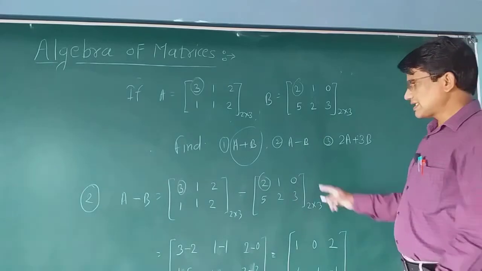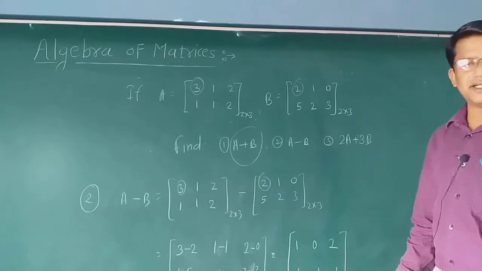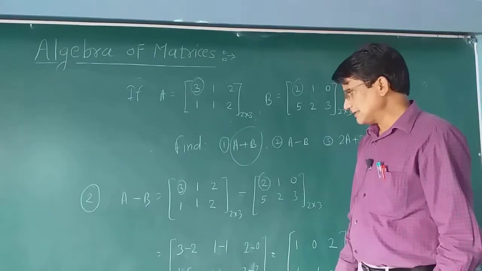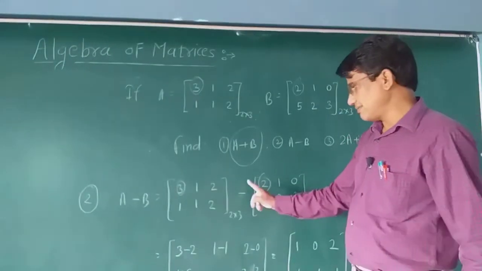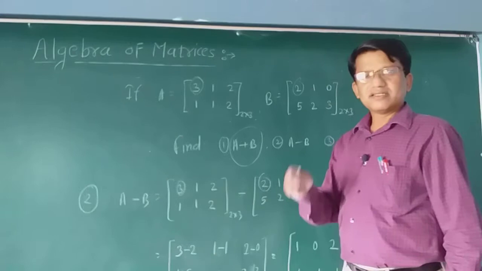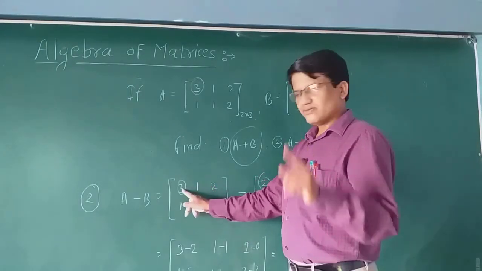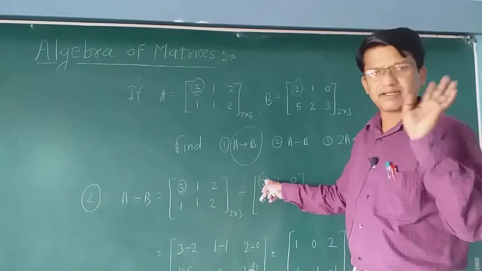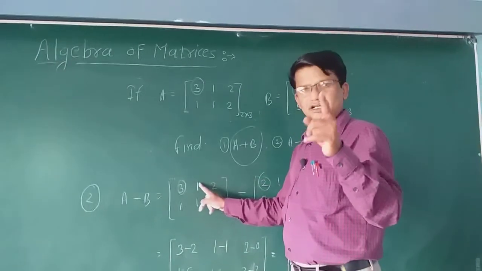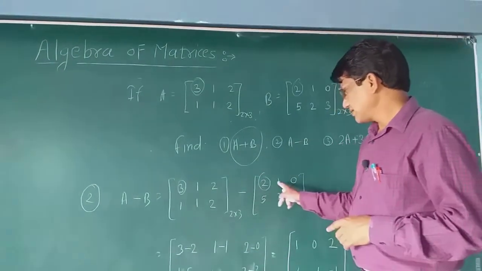Okay. For the subtraction, what is the necessary condition? The necessary condition is that between two matrices, we should write a minus sign. After that, subtract the first element of the first matrix with the first element of the second matrix, the second element with the second element.